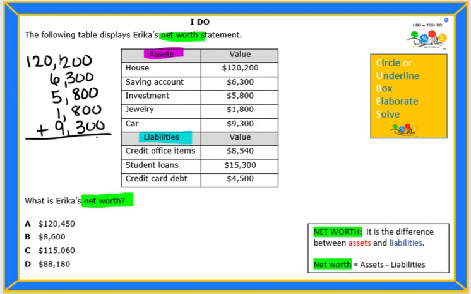So if we add all of that up to find the sum, we get 143,400 for the assets.